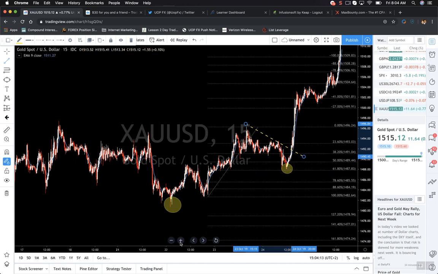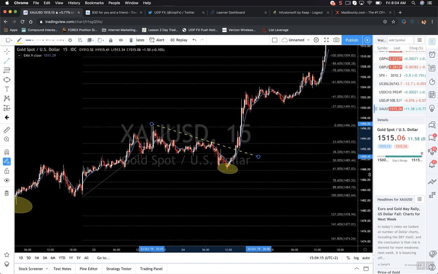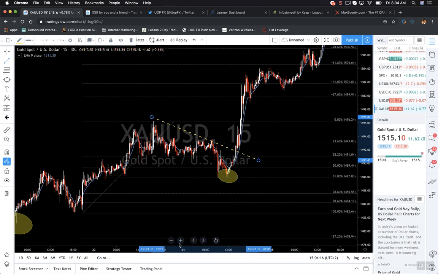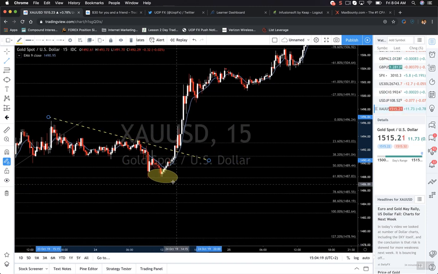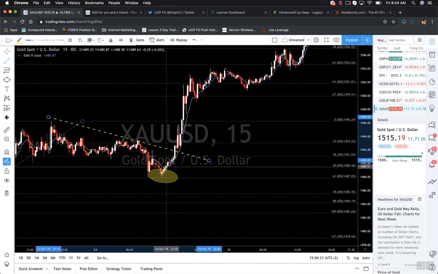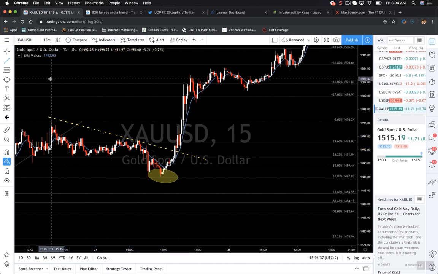If you zoom in on this candle here, even after you got 1, 2, 3 consecutive bullish candles, you could have put your stop loss right on the 618 or a little bit above it, and you could have had a very tight stop loss of about 20 pips, and you could have ridden this thing all the way up.